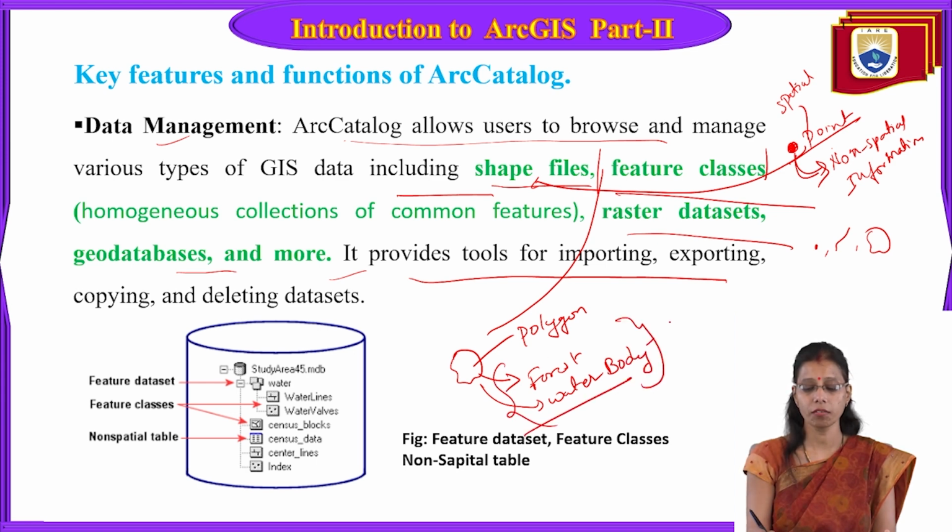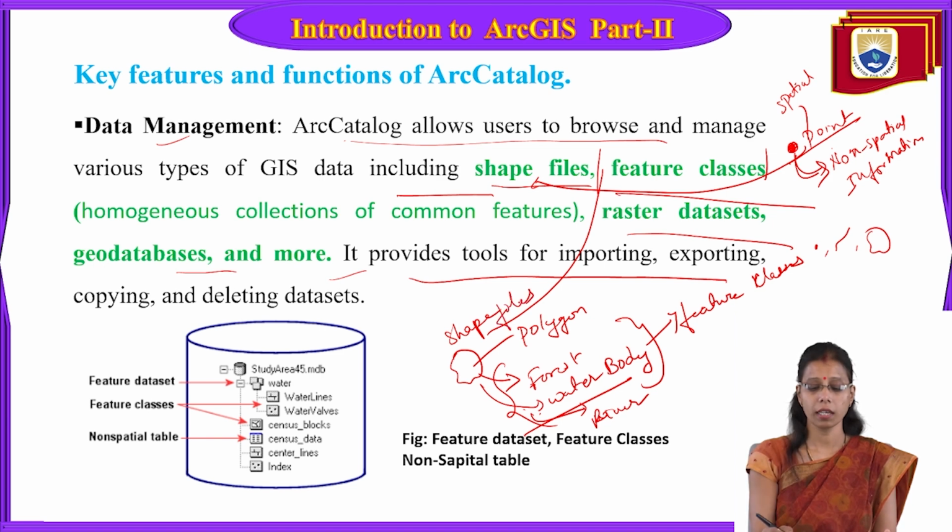Under this we have different kinds of features. Or if I want to create features like, let us say, river, all these features come as feature datasets or feature classes. So under this shapefile, I have more files known as feature classes.